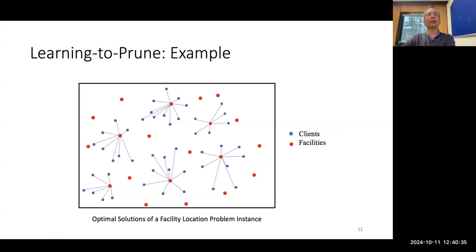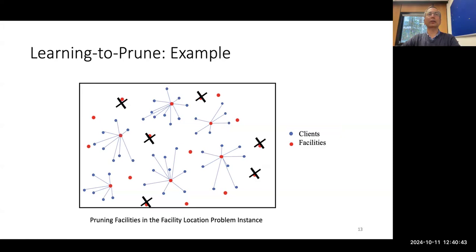And what the Learning-to-Prune framework will try to do is to remove some of the facilities that are not in the optimal solution. Okay? So it may not be able to remove all of the facilities that are not in the optimal solution. You can see here that some facilities that are not in the optimal solution are still there, but it will try to remove as many as it can confidently predict.